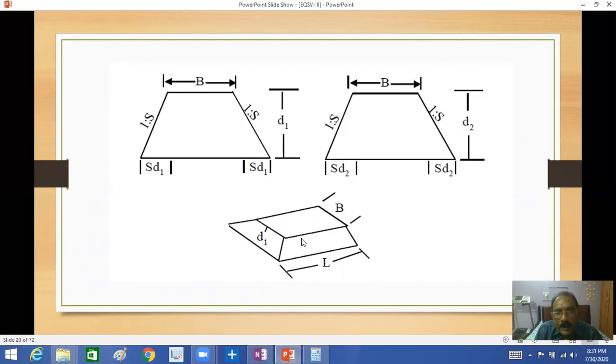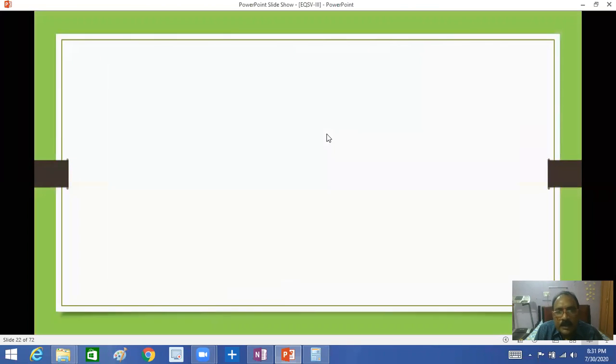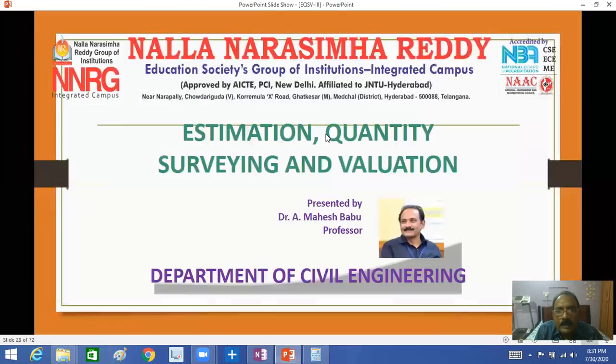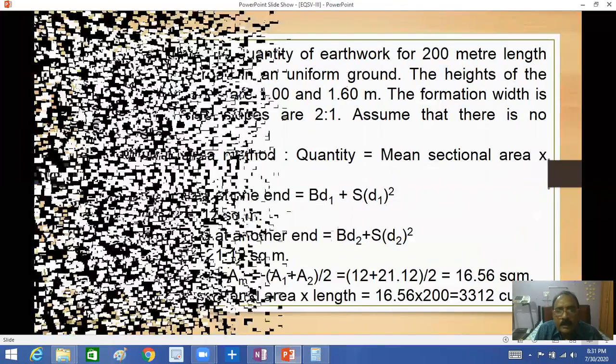This is the slope area. We will do gardening or earthwork, something like that, on these sides. So how to calculate this slope area? That is the question.